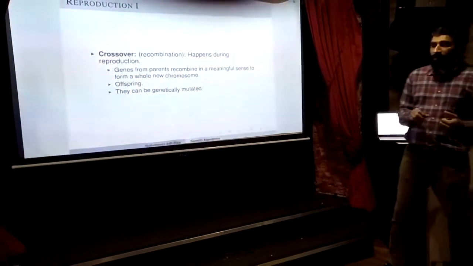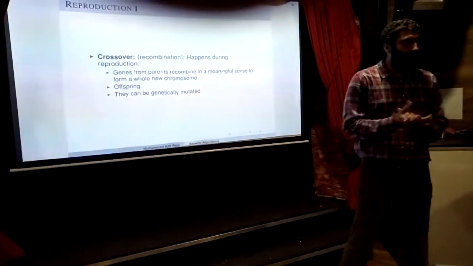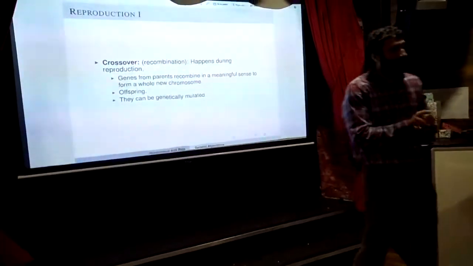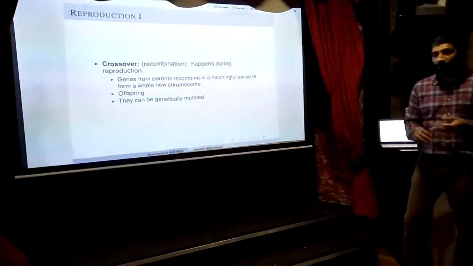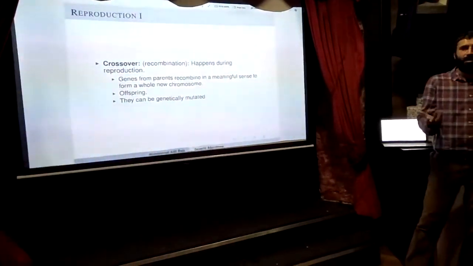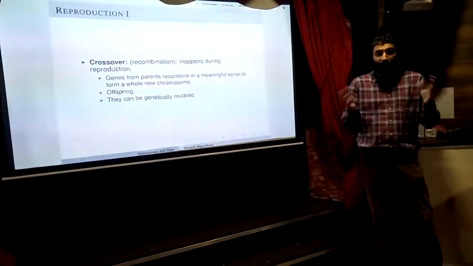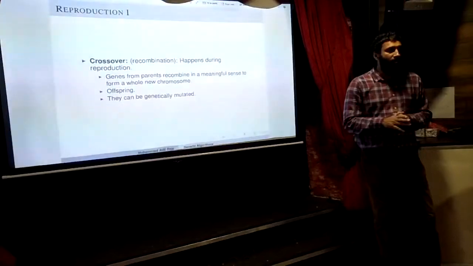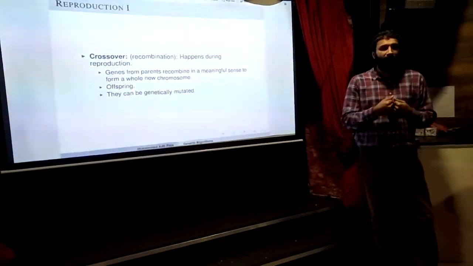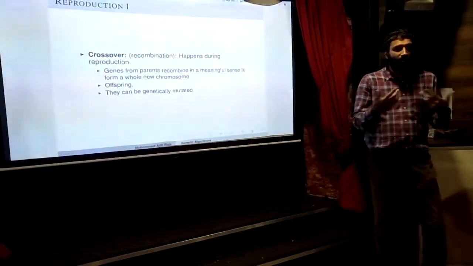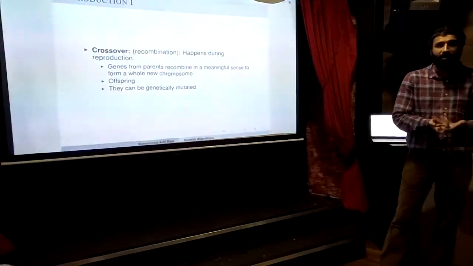So we are just left with a few more jargon terms over here, and one of them is crossover. Crossover is also known as recombination. Whenever two living organisms mate with each other in order to reproduce, crossover happens between their chromosomes, right?